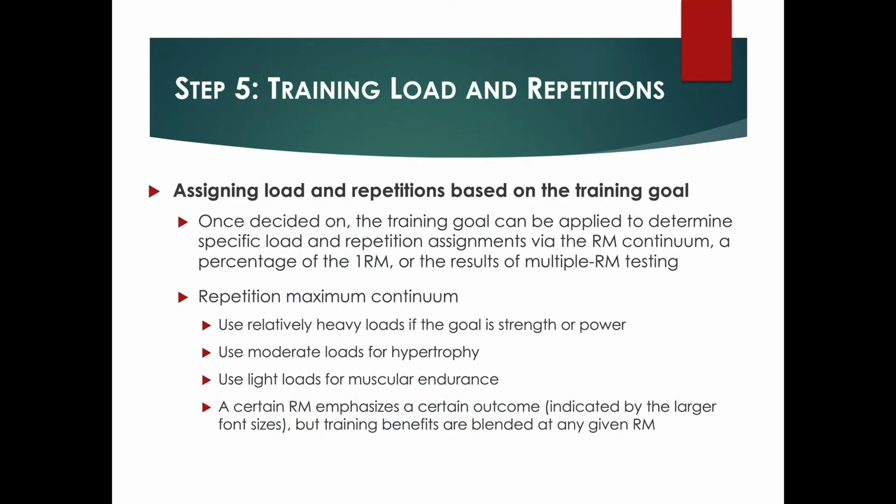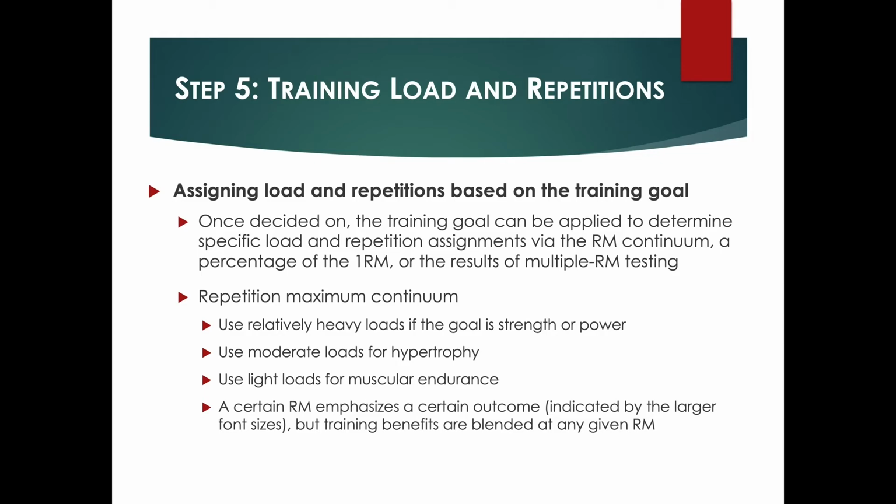So, assigning load and repetitions based on the training goal. Once decided on, the training goal can be applied to determine specific load and repetition assignments via the repetition maximum continuum, percentage 1RM, or the results of the multiple repetition maximum testing. This one says use relatively heavy loads if the goal is strength or power, moderate loads for hypertrophy, and light loads for muscular endurance.